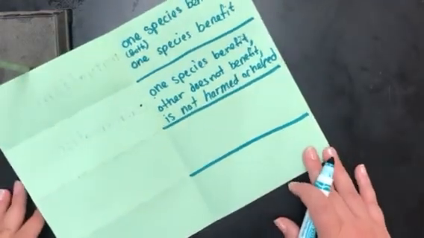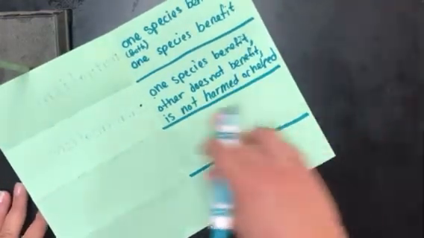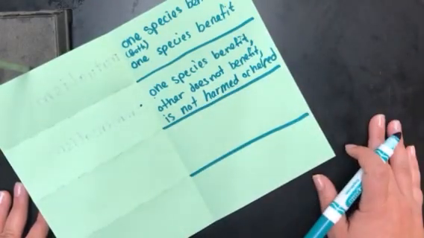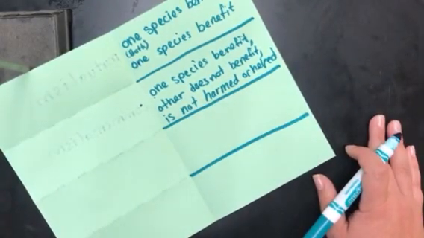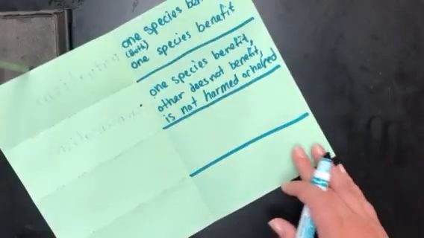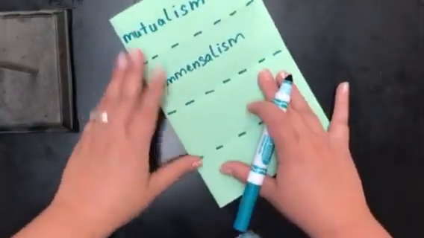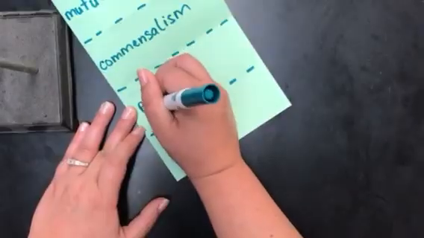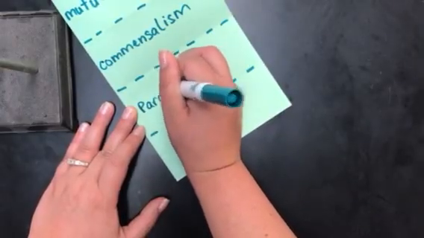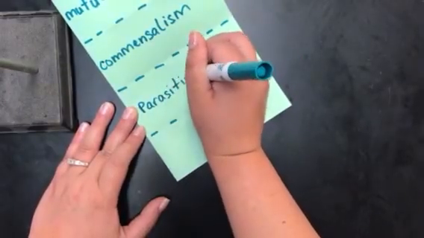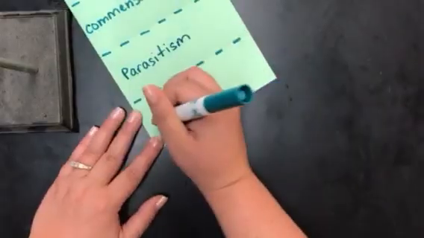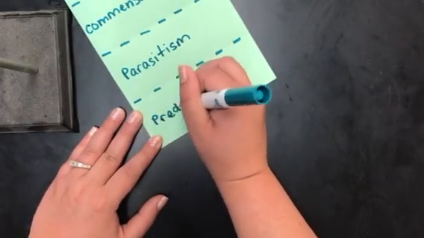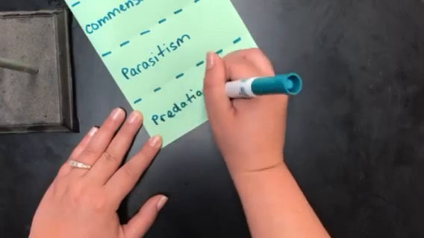Okay? So if both species benefit, it's mutualism. If one species benefits, commensalism. And if one species is harmed, it could be parasitism, or it could be predation.